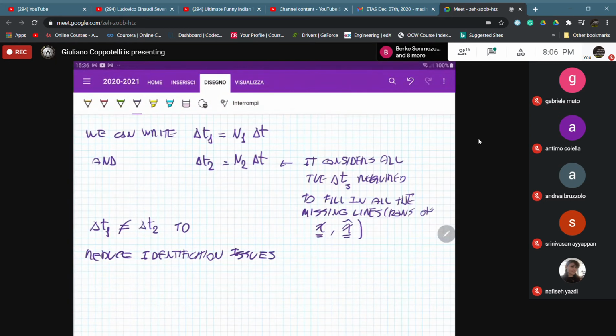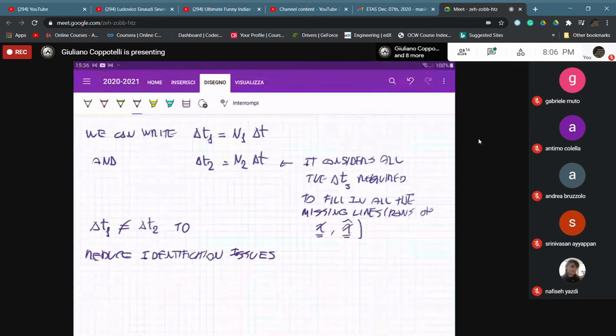Okay, then another piece of information comes from the meaning of the eigenvalue.